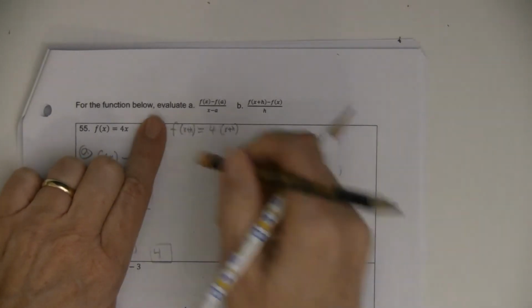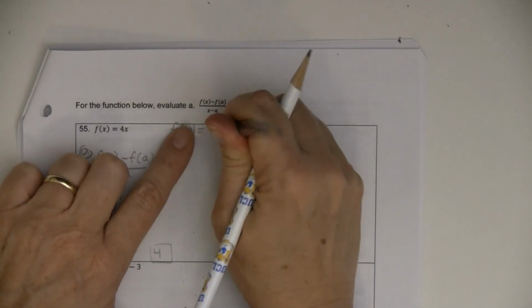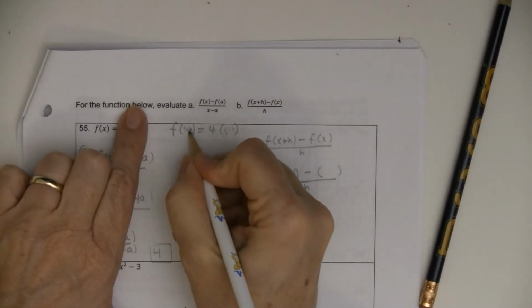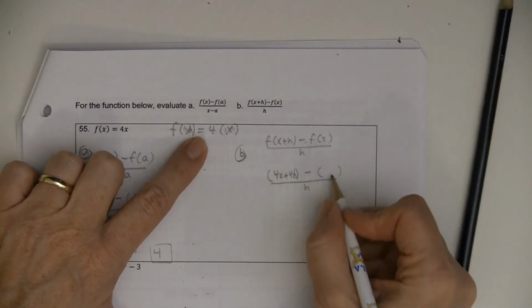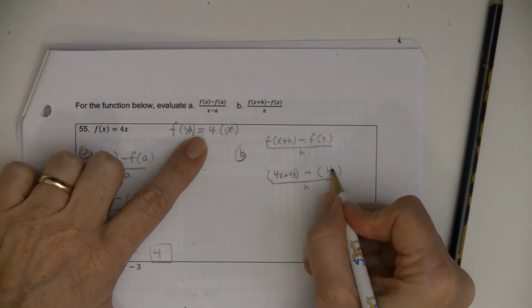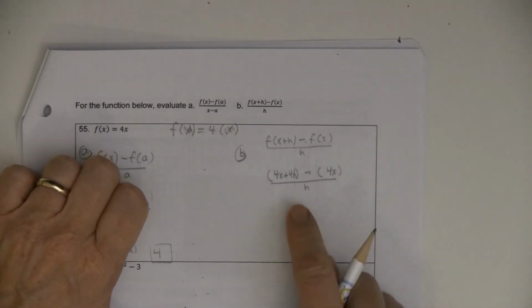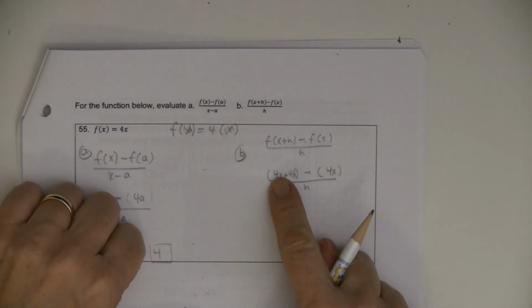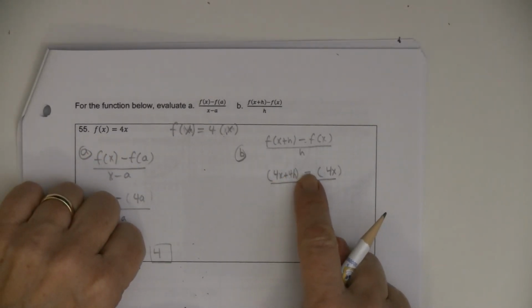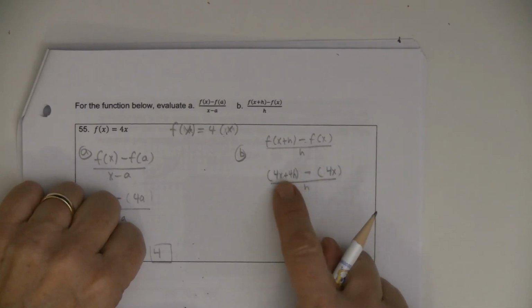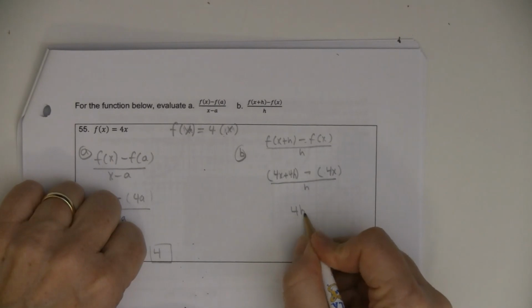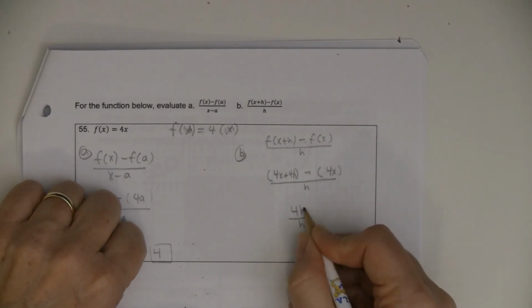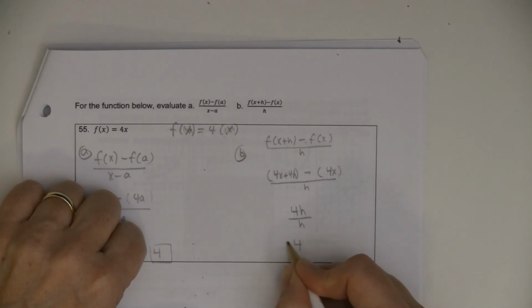And then I'm going to plug in x. It's kind of my working zone, right? x. And so I'm going to get minus 4x. And you can see what's going to happen. 4x plus 4h minus 4x. The 4x minus the 4x is 0. So I get 4h divided by h. And the h divided by h is 1, and gives 4.